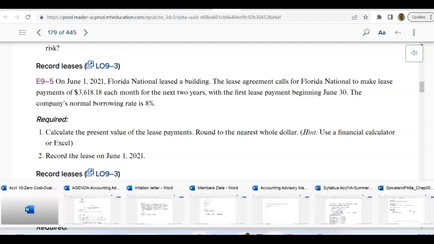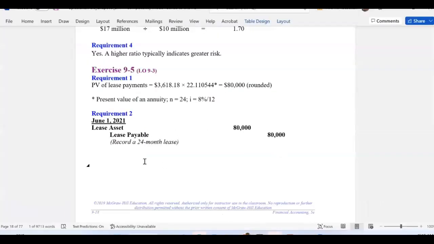Let's see. So the present value of the lease payments is $3,618.18 payments for the next 2 years, times a factor, which is 22.110544, and that will be a present value of $80,000. So the present value of the lease payments today is worth $80,000.